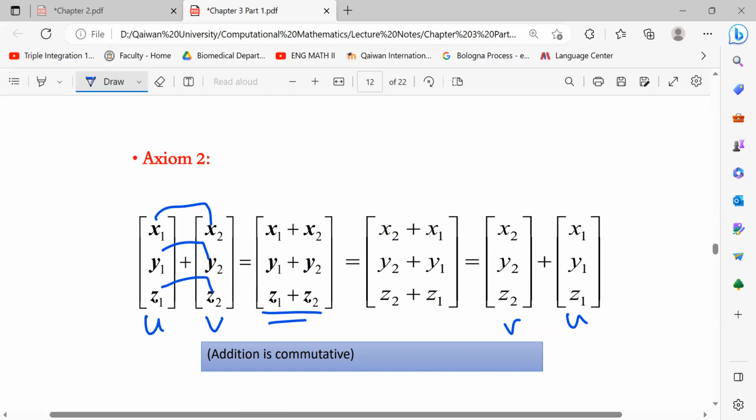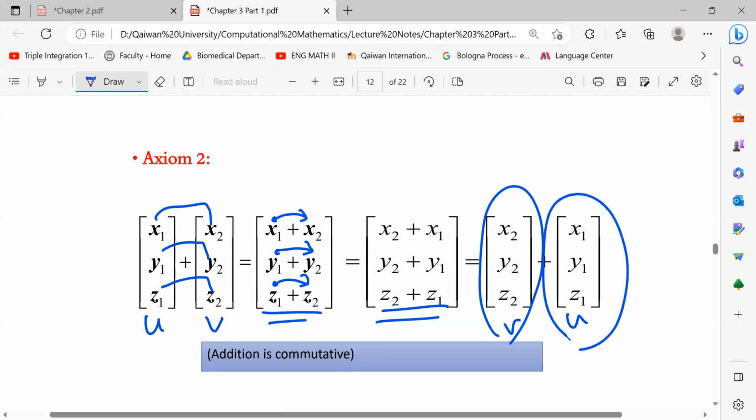Let's say 2 plus 3 is the same as 3 plus 2. So these are real numbers. We can say it's x2 plus x1, y2 plus y1, z2 plus z1. Now we separate them. Once we separate them, V comes to the front and U goes to the last.